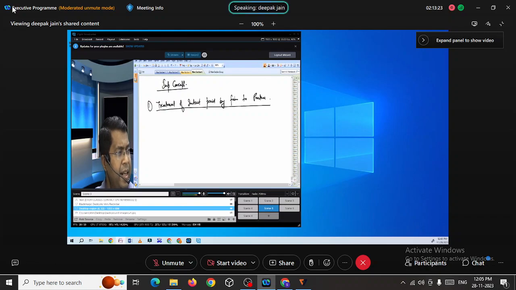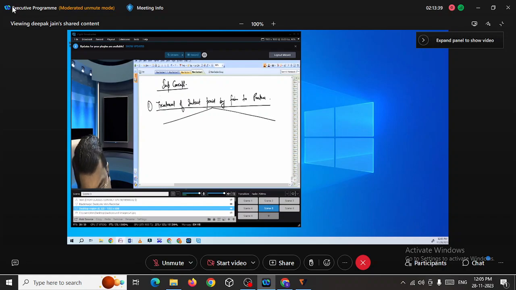Do you have any idea what the tax treatment is in the hands of the partner? No idea. Just write it down. Interest paid by firm to partner, you have to check whether the partnership deed is silent or the deed is specific.